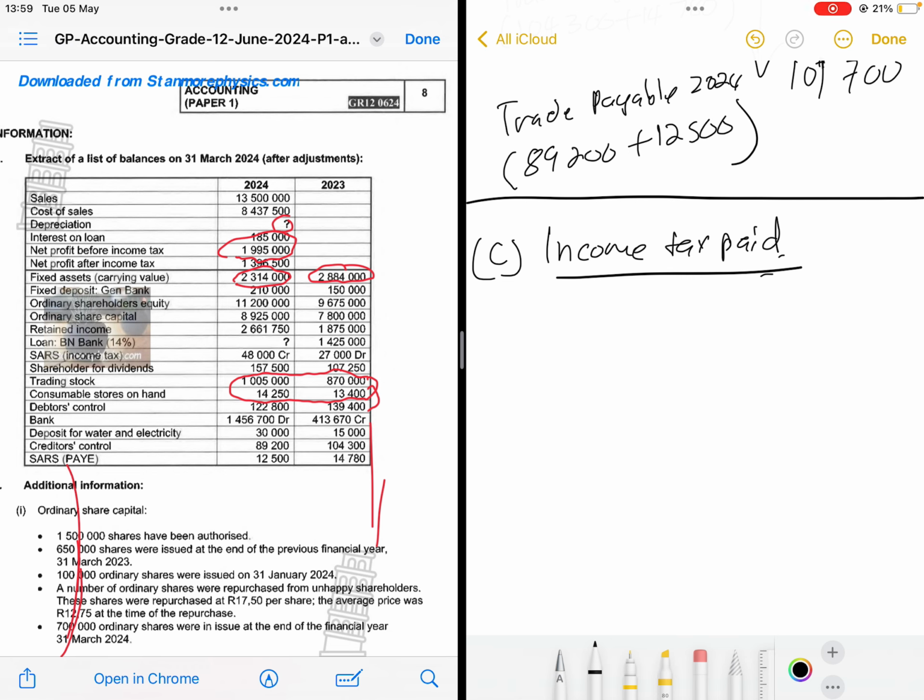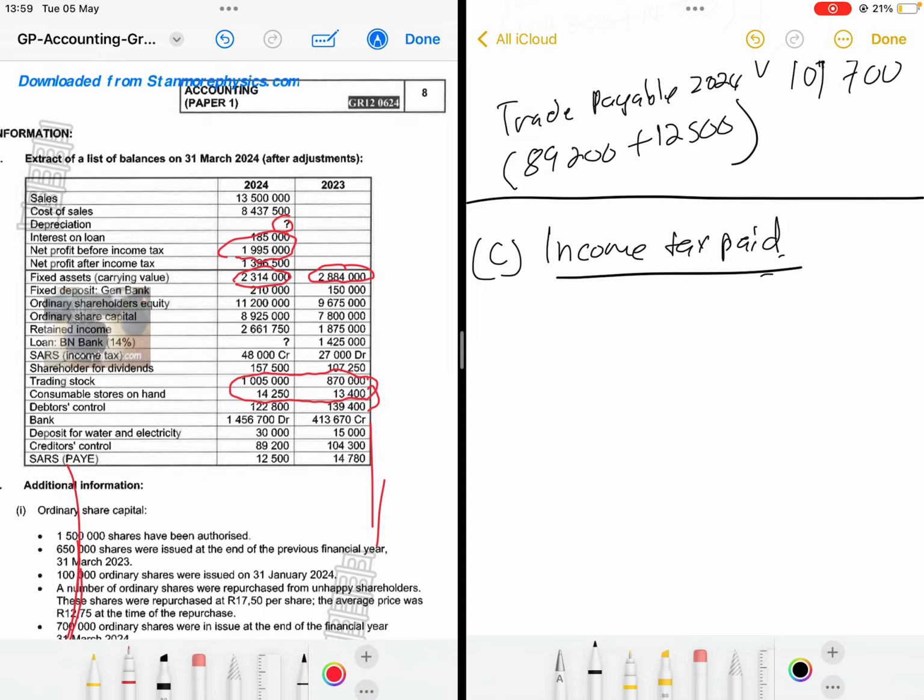1,995,000 minus 1,396,500. Let's check. Okay, it's fine. So I get the income tax, which is 598,000. So this is the income tax, the tax that I have to pay for this current financial period.